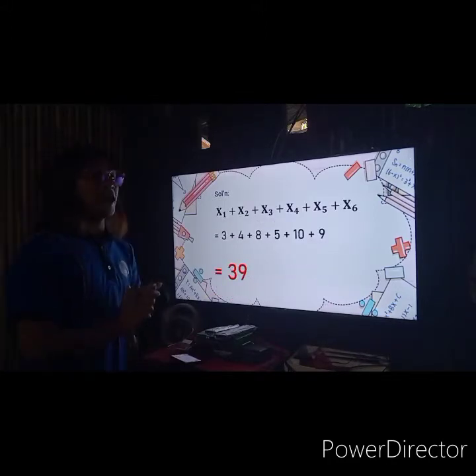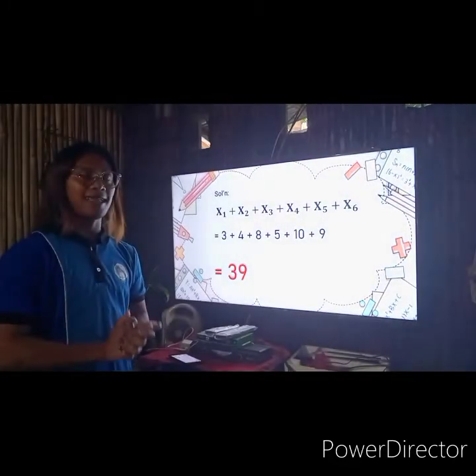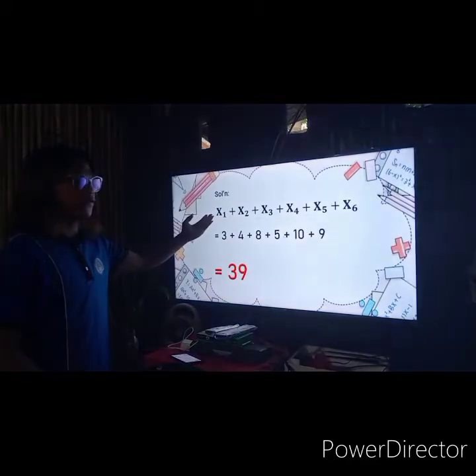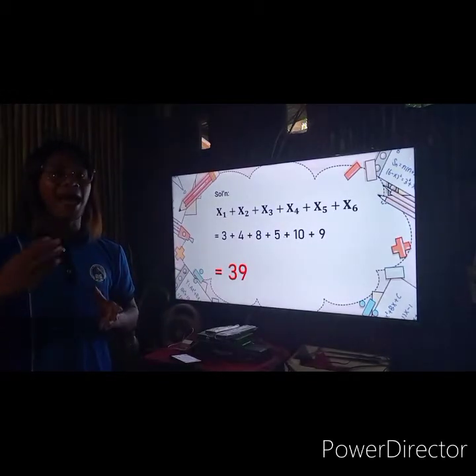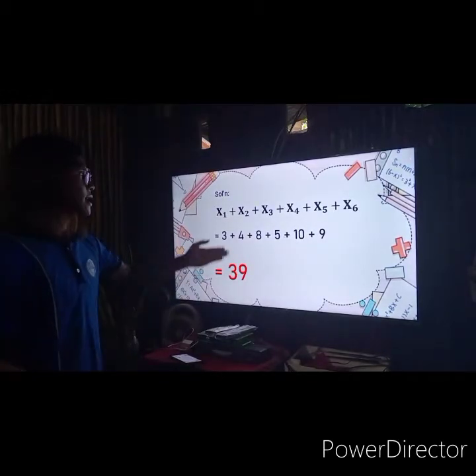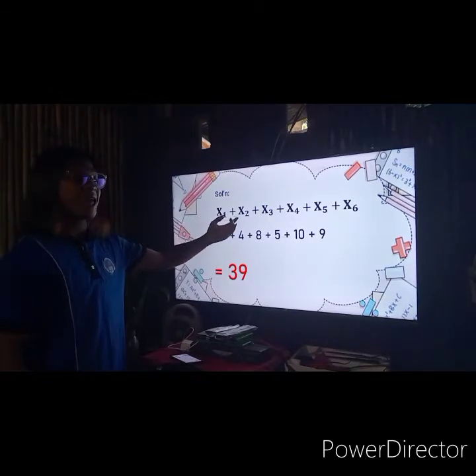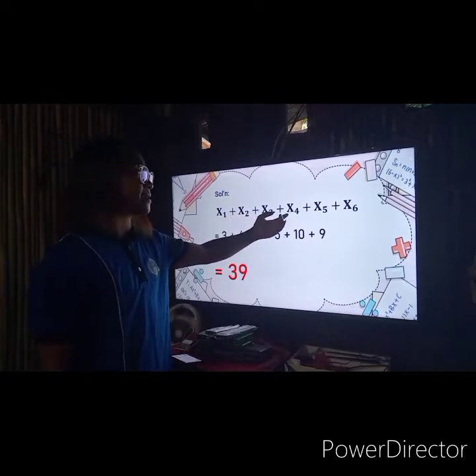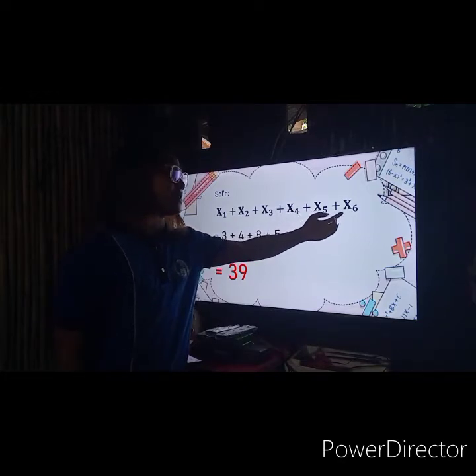To get the final result from x sub 1 until x sub 6, here's our formula. Because as I've said, in this topic we are only adding all those numbers. So here's our formula: x sub 1 plus x sub 2 plus x sub 3 plus x sub 4 plus x sub 5 plus x sub 6.